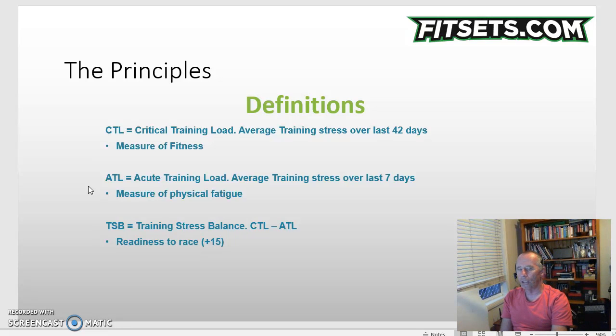TSB is a good line to watch if you want to do a race, or even if it's a B or C race, how well rested you are for that race, so you can actually set your expectations accordingly. Again, TSB is the one we really monitor and taper.